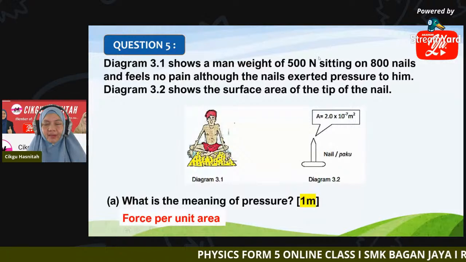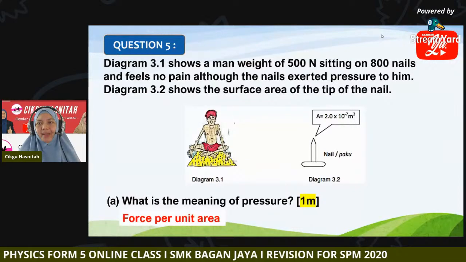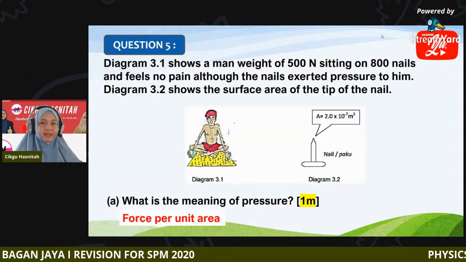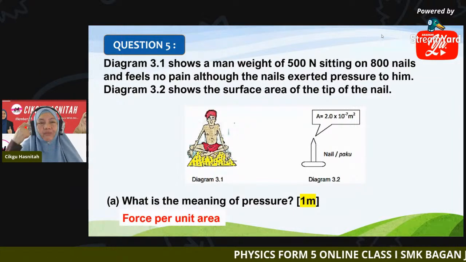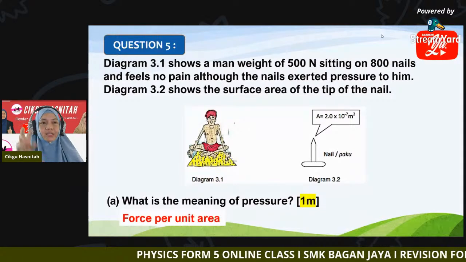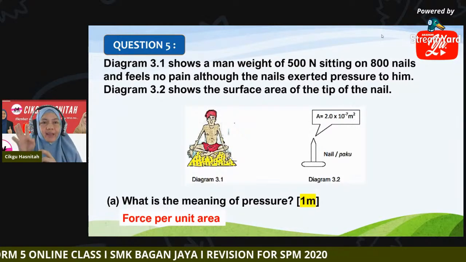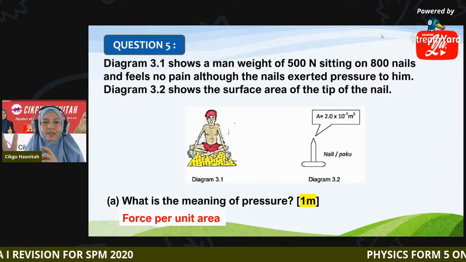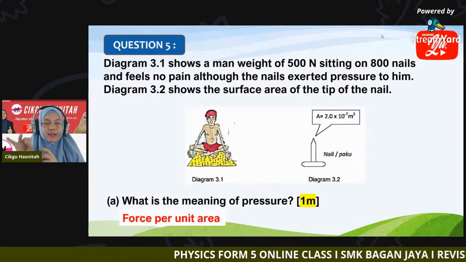Force acting perpendicular to the per unit area. Exactly, correct. Or in a simple way, we say force per unit area. The keywords are force and then per unit area. So all these four sentences contain the keywords: force per unit area.